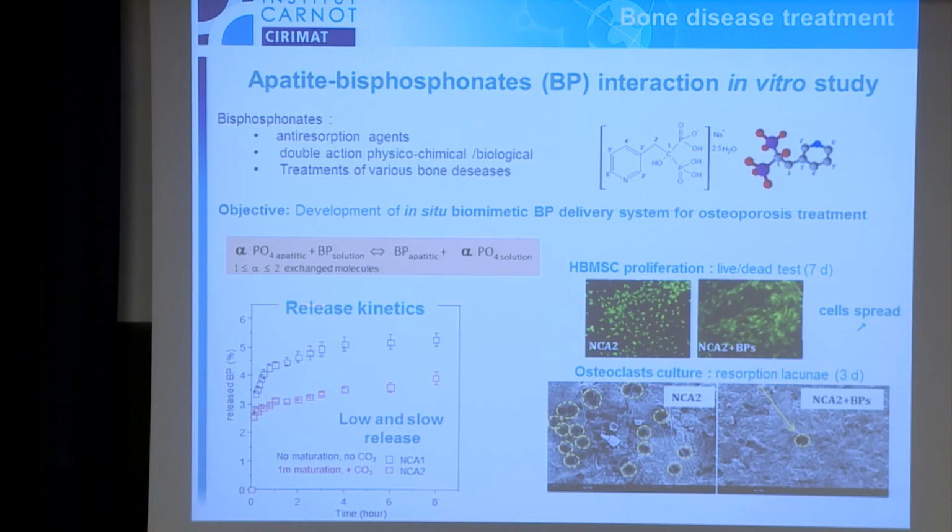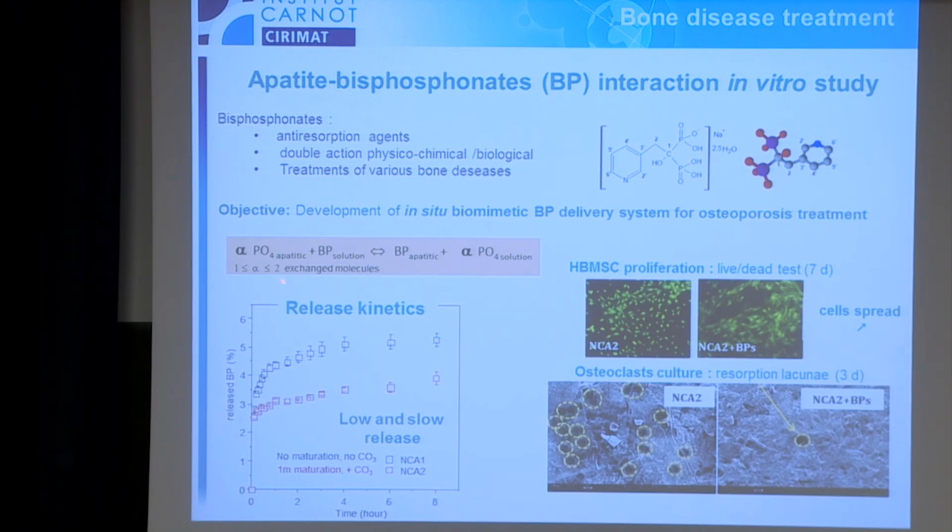So what we demonstrate is that the interaction of biphosphonate with apatite is based on an ionic exchange between the phosphate of apatite and the biphosphonate in solution.